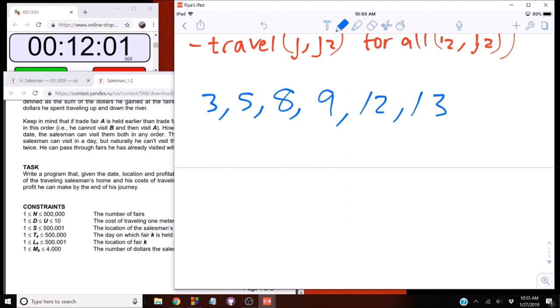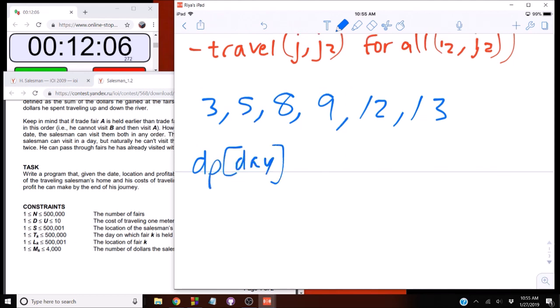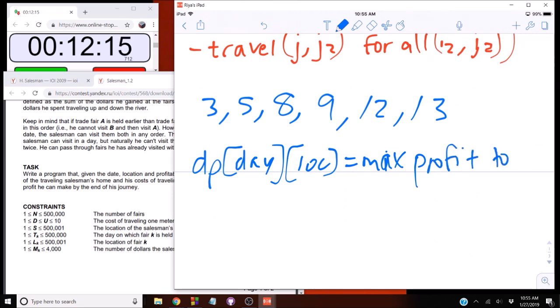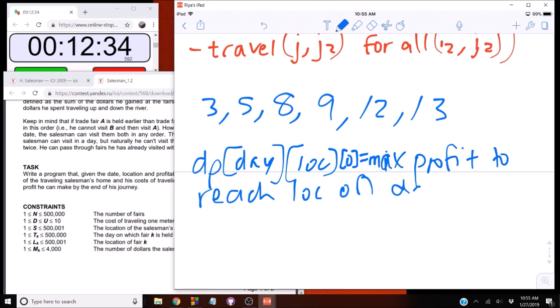The first thing we'll do is we'll have DP[day][loc][0] equals max profit to reach loc on the day.